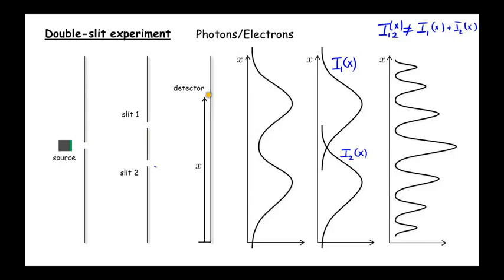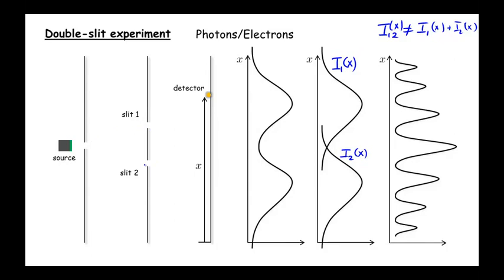If it went through slit 1, it ended up at X with probability I1 of X. If it went through slit 2, it ended up at X with probability I2 of X. Surely, if both slits were open, it should end up at X with probability I1 plus I2 of X. Because after all, if it went through slit 1, why should it matter to it whether slit 2 was open or not? And the answer is, we don't know, but when you do the experiment, you get to see the interference pattern.